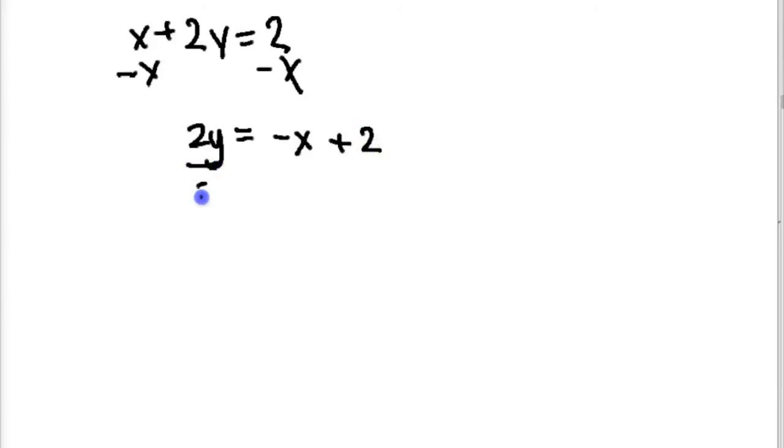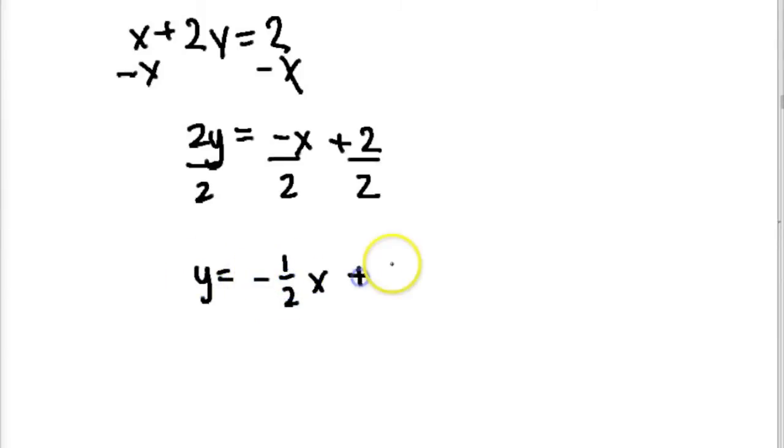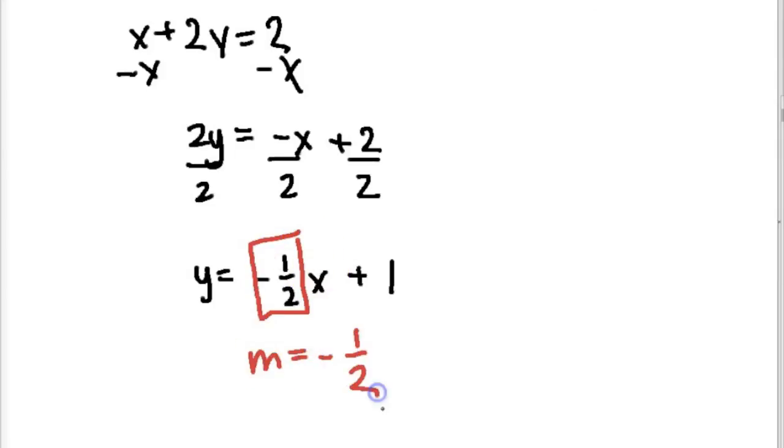Then you're going to divide the whole equation by 2. y equals negative 1/2 x plus 1. So now you know that the slope, remember y equals mx plus b, so the m right here is negative 1/2. So that would be the slope.